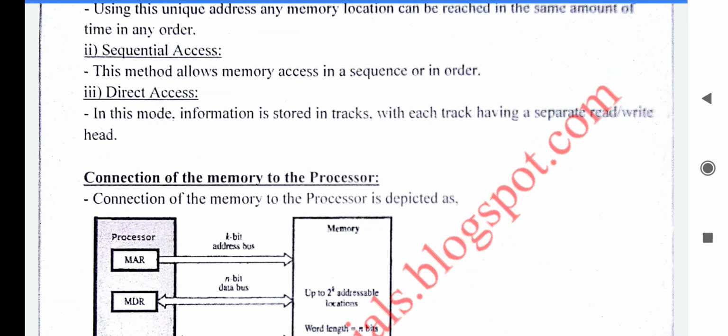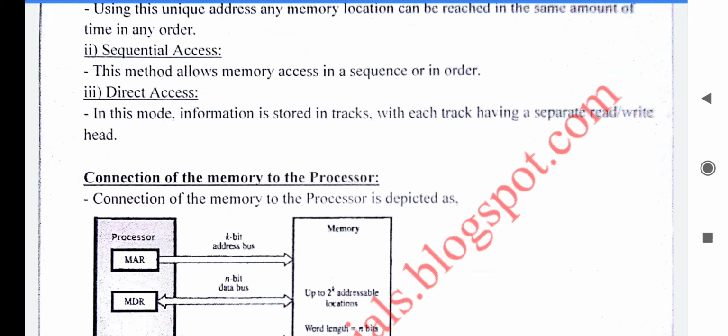If you want to access the 10th memory location, you need to access 1, 2, 3, 4, 5, 6, 7, 8, 9. Then only we can go to 10. We cannot access the 10th memory location directly. So that is sequential access, right? One more time, sequential access means you have to follow some order for accessing the memory locations.